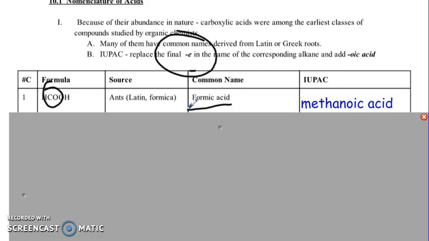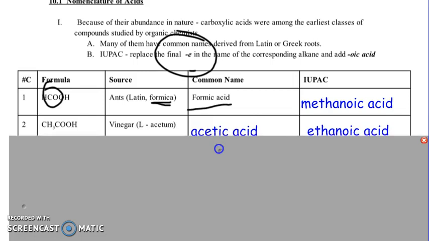So formaldehyde and formic acid all have 1 carbon, and the name was originally from the Latin word for ant. If you've ever been stung by fire ants down south, you see those big hills, those itty bitty ants, stay away from those. They pack a huge punch.